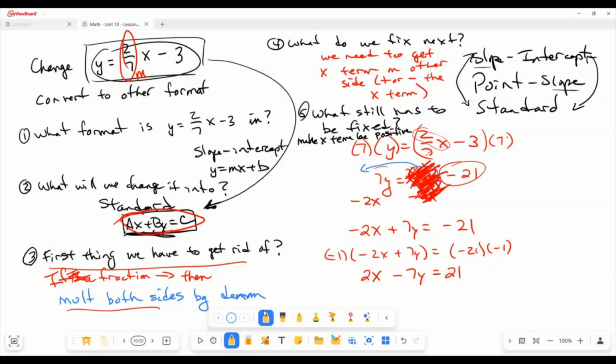Then, when the fraction is gone, or if there isn't one, we need to move that x term to the other side. We're going from this to this. The x term and the y term are not on the same side. Here, the x and y term are on the same side. So we've got to get them to the same side. The last thing you do is make sure that the x term is positive.